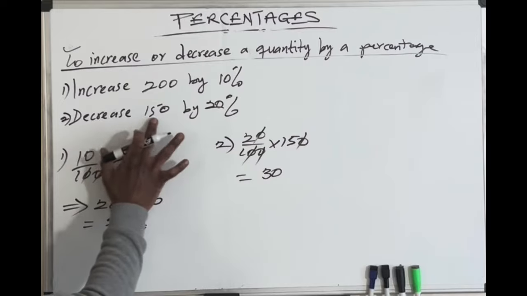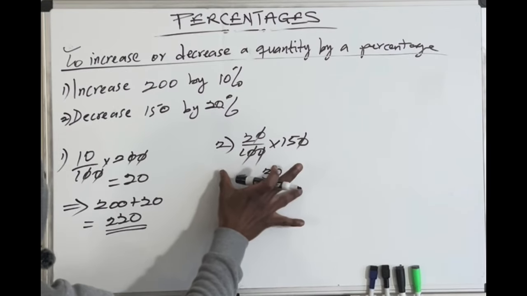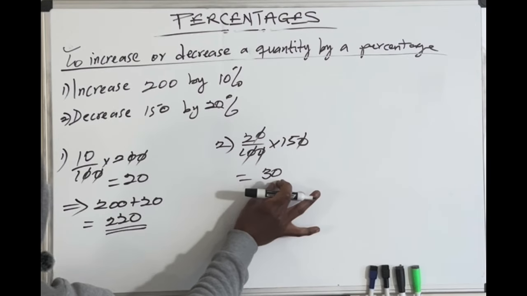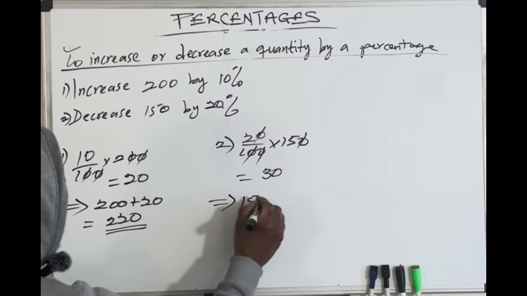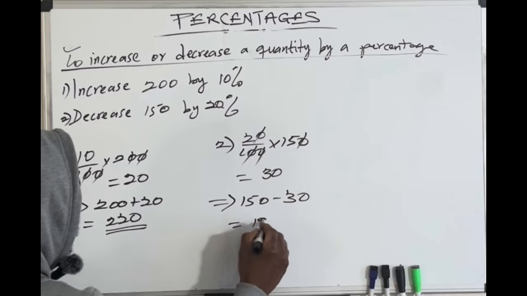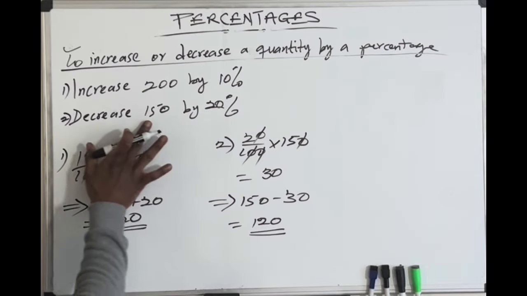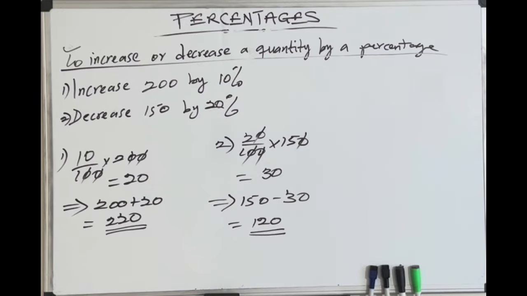We have to decrease 150 by 20%. Now we have the 20% to be 30. We have to decrease it, so 150 minus 30. The final answer will be 120. You see 150, we've decreased it to 120. So these are some of the examples under increasing or decreasing a quantity by a percentage.